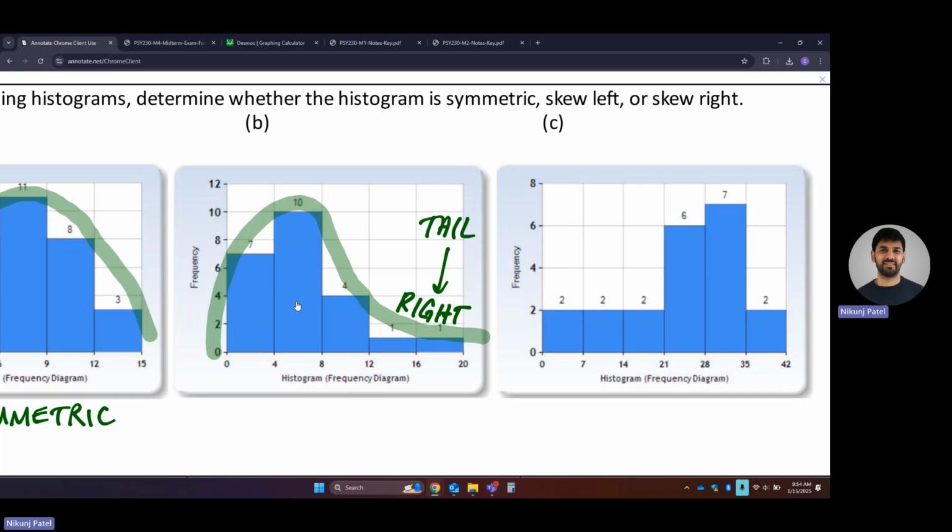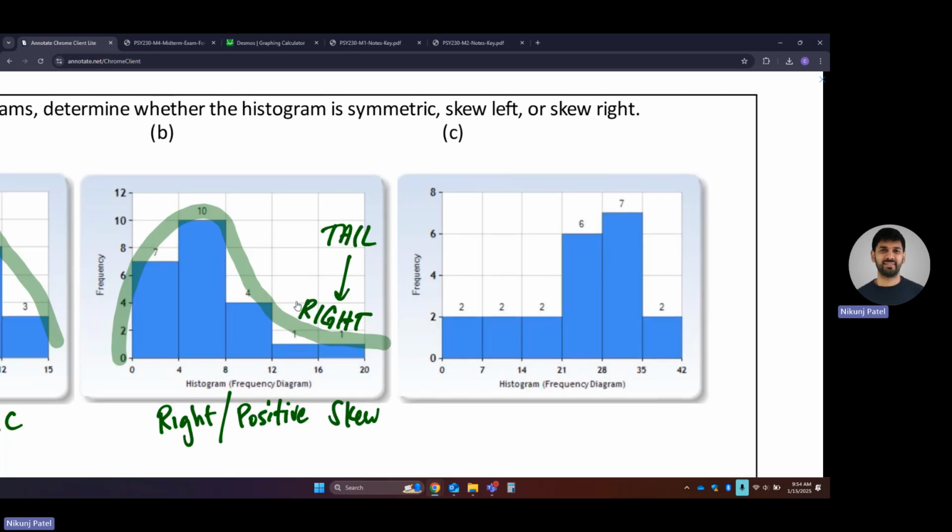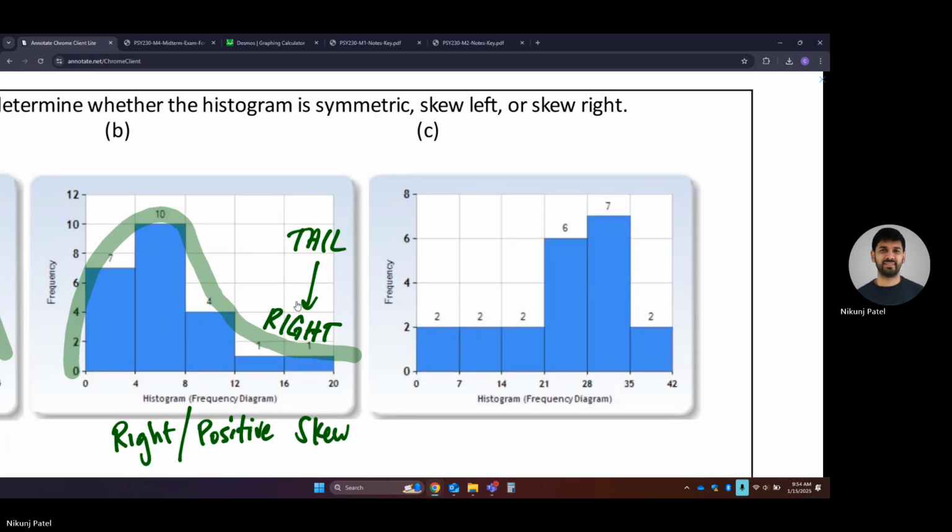The tail is on the right. So this is an example of a right, or sometimes it's called positive skew, right or positive skew. And then if it's reversed the other way, you notice that the flat part starts here and then it goes up towards the end.